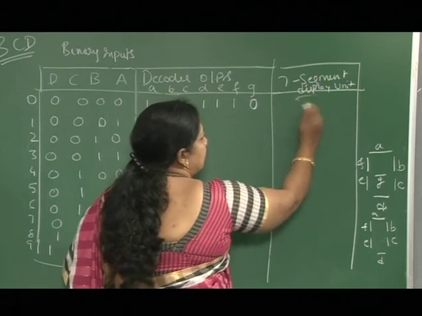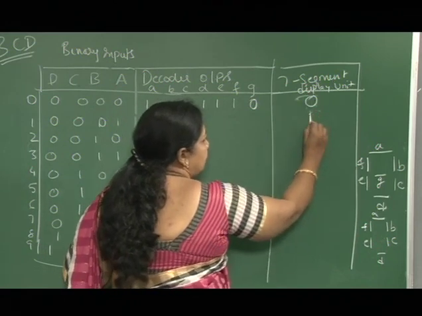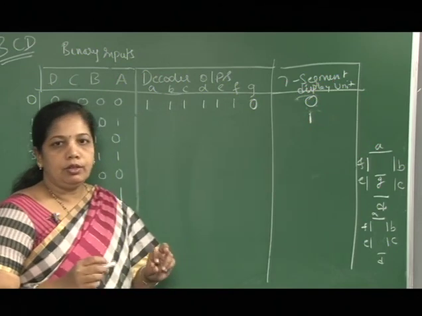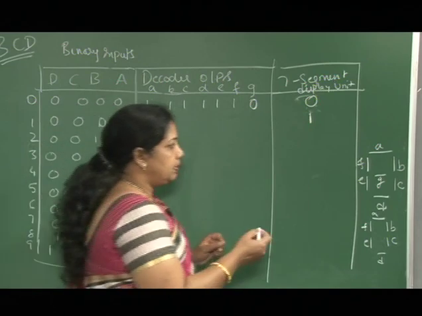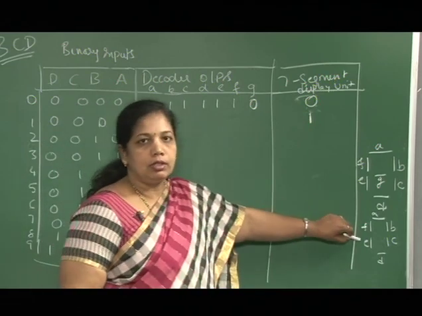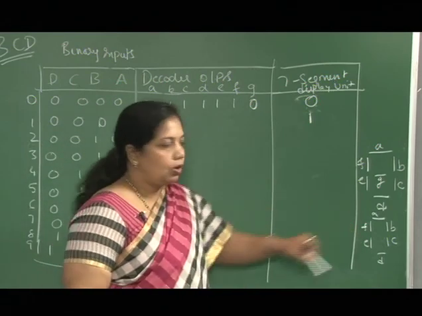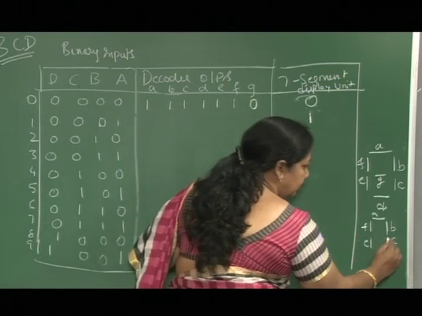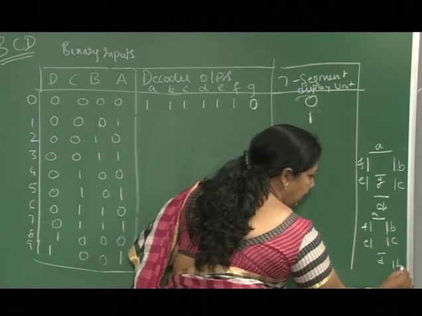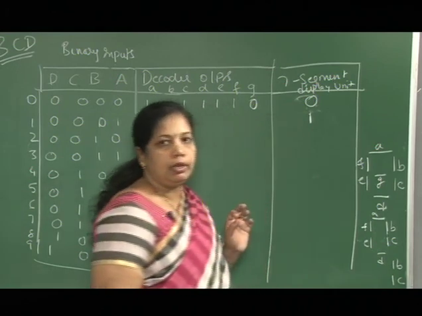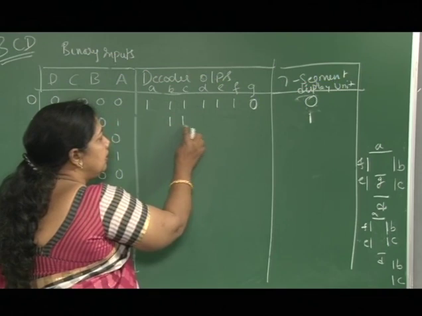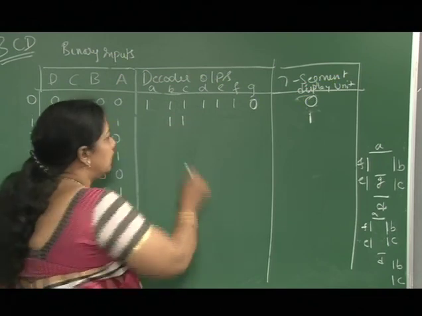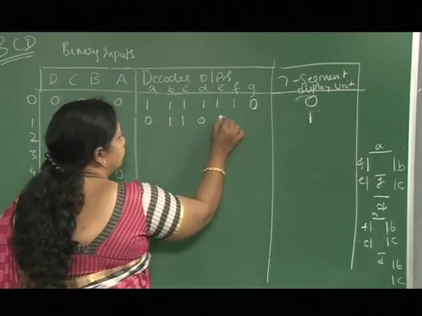That is nothing but 0. Next is 1. I need to display 1 on the segment, so I need to turn on this particular unit. Only B and C will be on, and the rest will be off. So I am going to write here B and C on, the rest off.